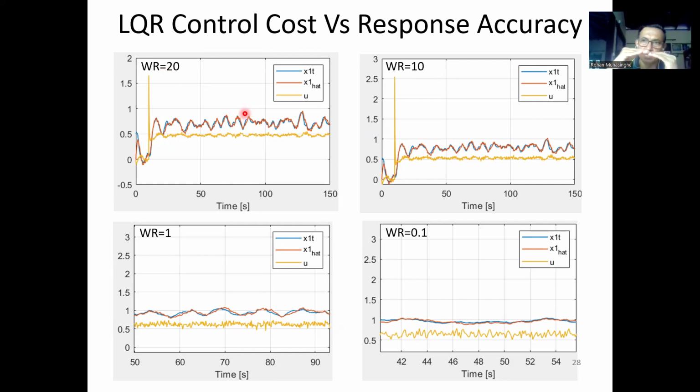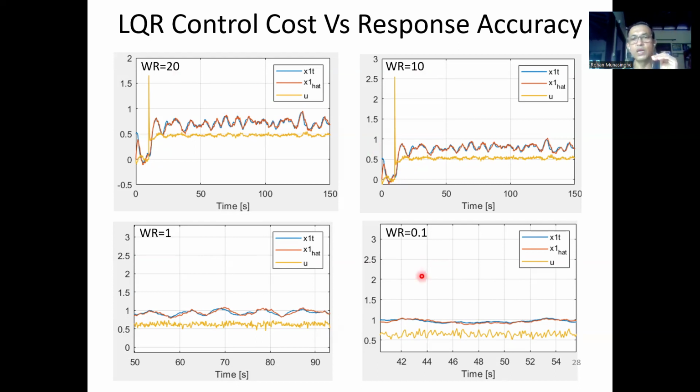If you want to reach the actual reference value, you need to put in energy. But now, energy is so expensive, you don't want to put in that much energy, so you live with some error. That's what happens over here. But when WR is equal to 0.1, the cost of fuel is very cheap, very low. So you can use as much fuel as you wish to reach zero error.